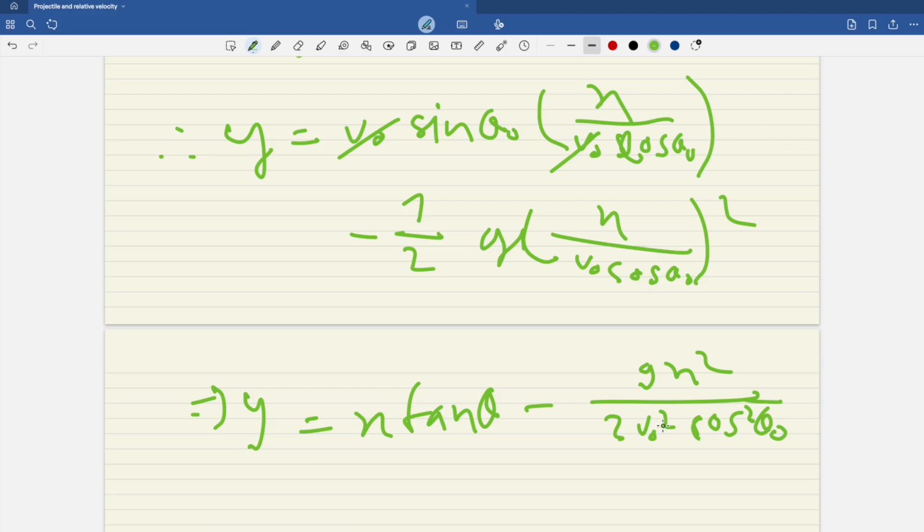So here you go: y equals x tan theta naught minus g x square over 2 v naught square cosine square theta naught.